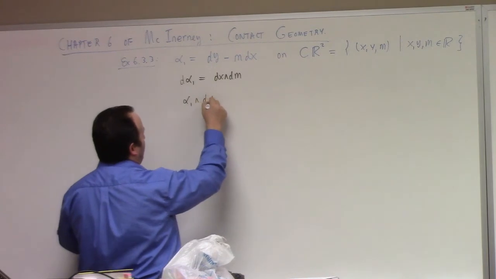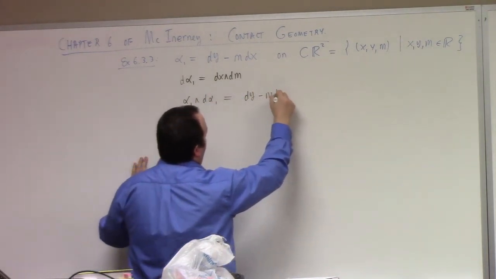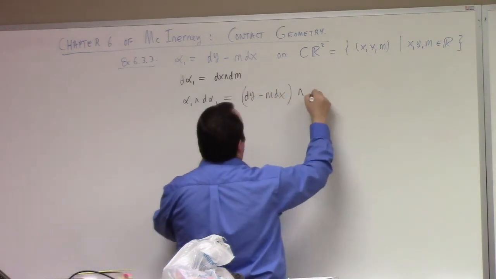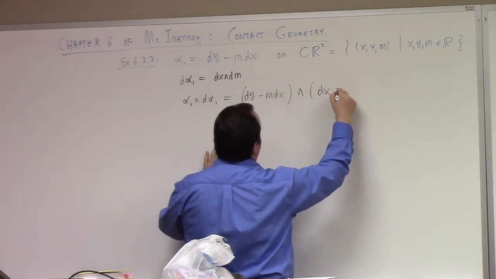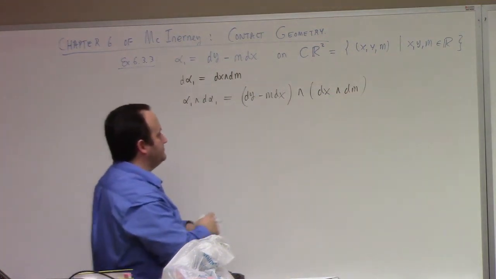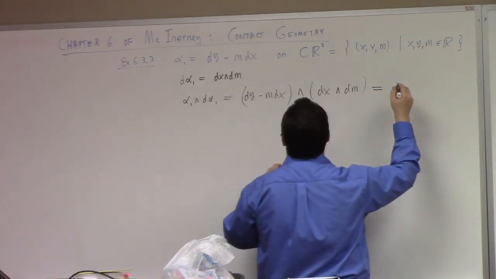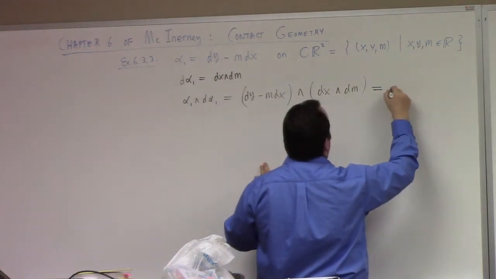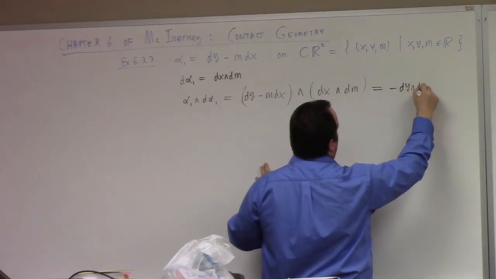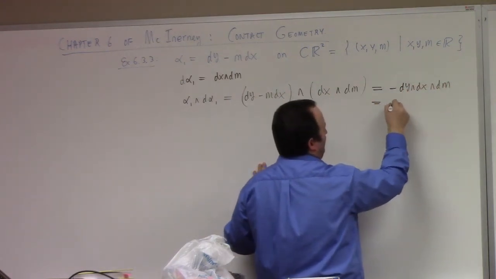Wedge d alpha 1, what's that? Oh, okay, so minus dy. So you see that up to a change in notation, this is kind of the same.